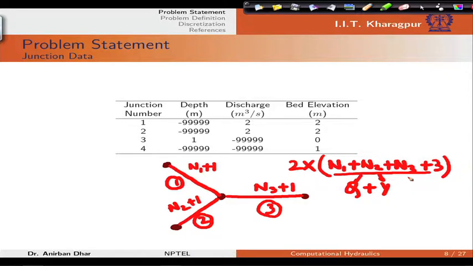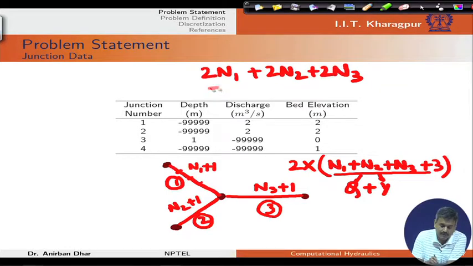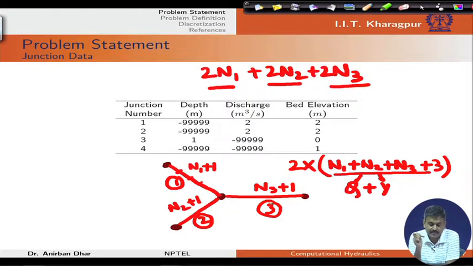So, altogether we need this many equations to solve this problem. We have 2 N1 plus 2 N2 plus 2 N3 equations coming directly from N1 segments in channel 1, N2 segments in channel 2 and N3 segments in channel 3.